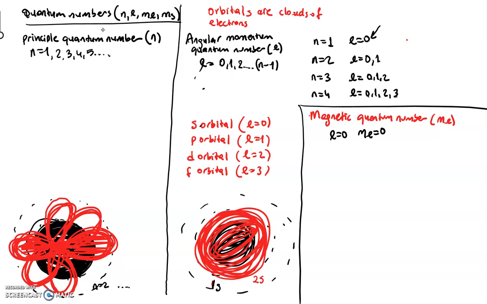So what do we have for L equals 1? L equals 1 is the p orbital, right? The dumbbell shape. The dumbbell shape can be on the x-axis, can be on the y-axis, can be on the z-axis, right? So we got 3 kinds of mL. We're gonna number them as -1, 0, and +1.